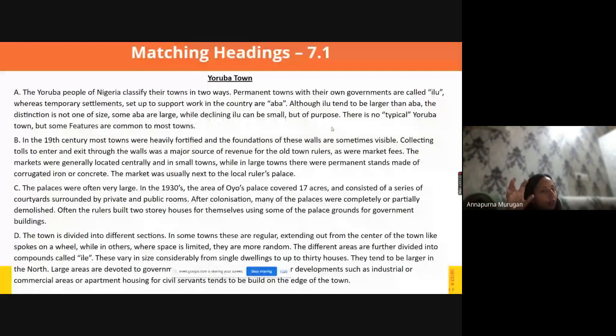Just read the first sentence and last sentence, and you will be able to get the ideas. Those who are not able to do this can just glance through the middle and see what they are trying to focus on. Whatever they are trying to focus on will be the main idea. You need to check the main idea first, and only after that will we be able to do it.